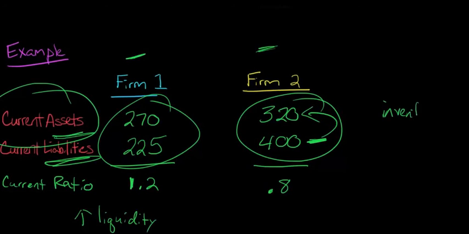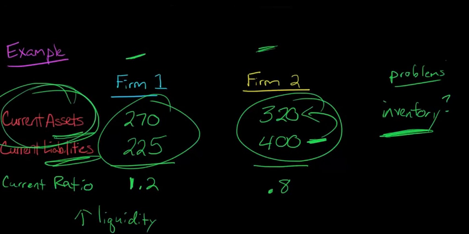If the firm is having some kind of financial problems, or if there's a downturn in the economy, then inventory could be a big question mark. Let's say there's a depression or a recession. The firm might have trouble moving some of its inventory, and so the inventory might not be that liquid. Maybe we don't want to include that in current assets.